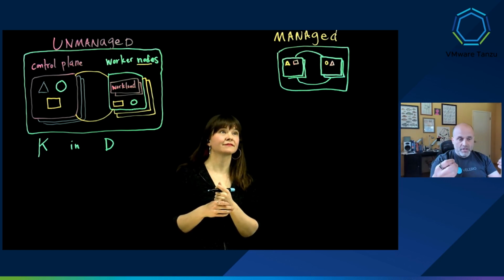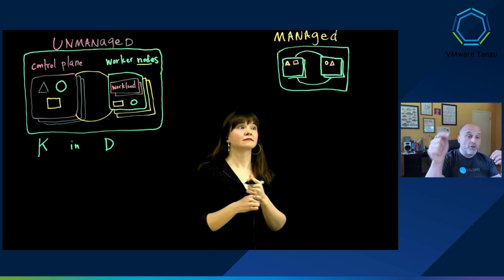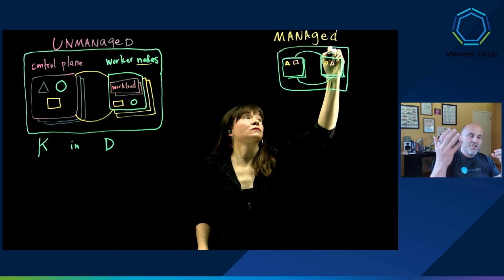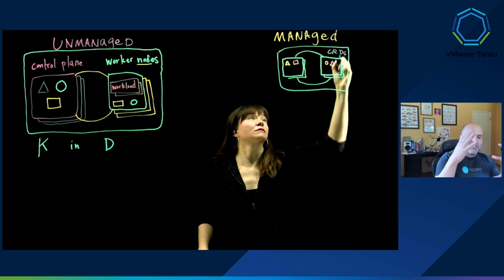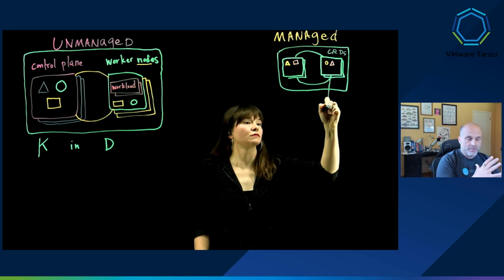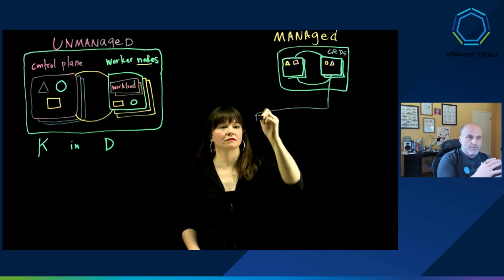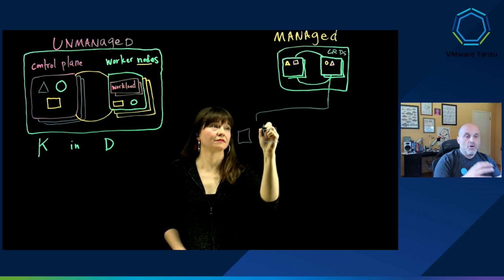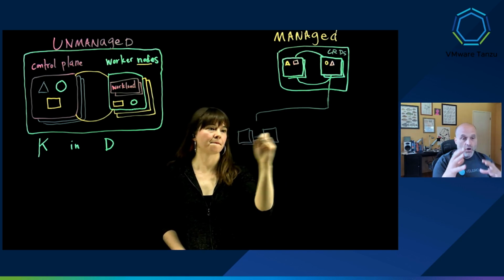All of these things are part of these resource definitions. And the worker nodes in the management cluster manage the creation, deletion, all the management of what we're going to call workload clusters. These workload clusters are a whole other Kubernetes cluster with a control plane and worker nodes of its own.